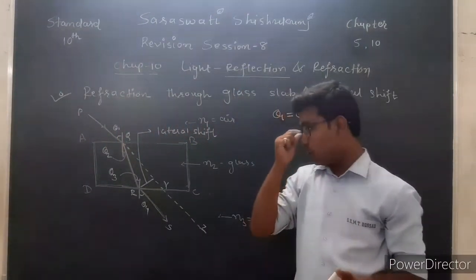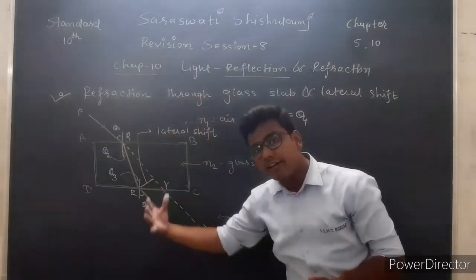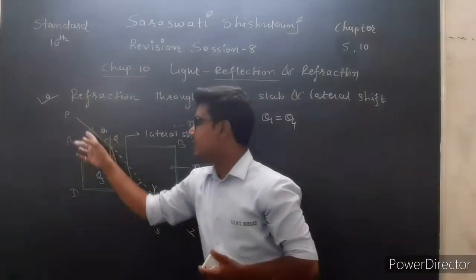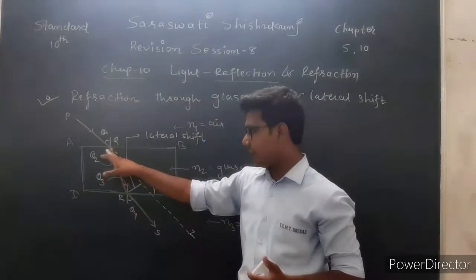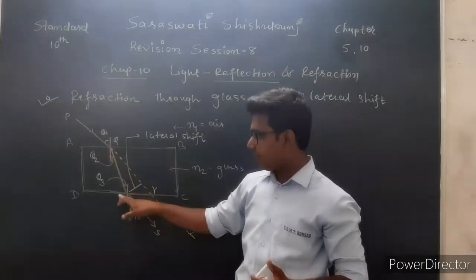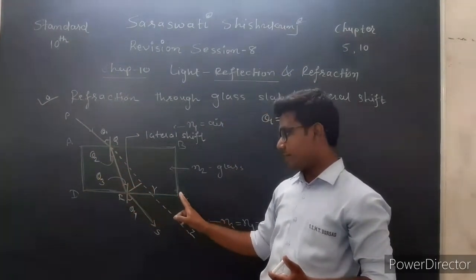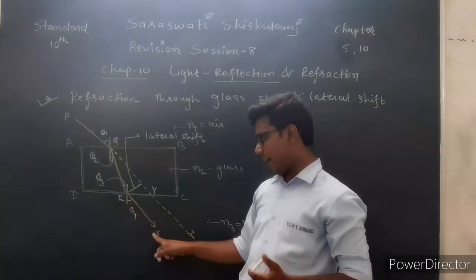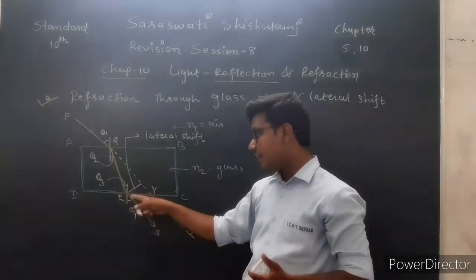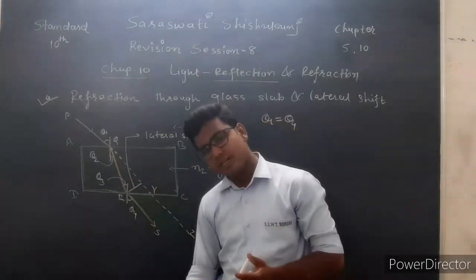So what we have to do, we have to draw the figure, and we have to explain the figure: PQ is the incident ray for surface AB. As it gets refracted, QR is the refracted ray for surface AB, but the incident ray for surface DC. RS is the refracted ray for surface DC, and that is also our emergent ray.